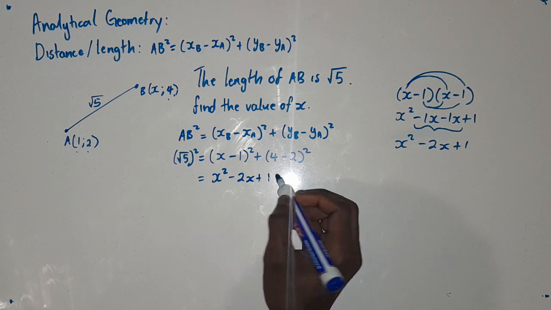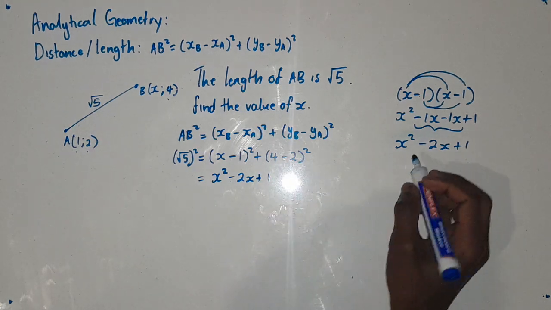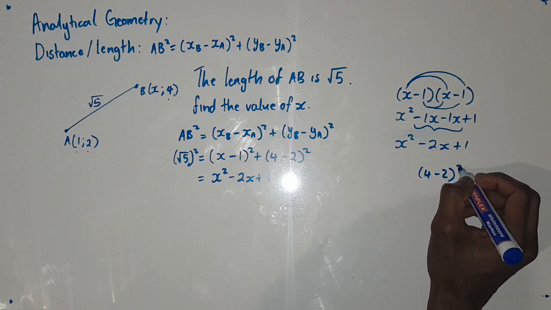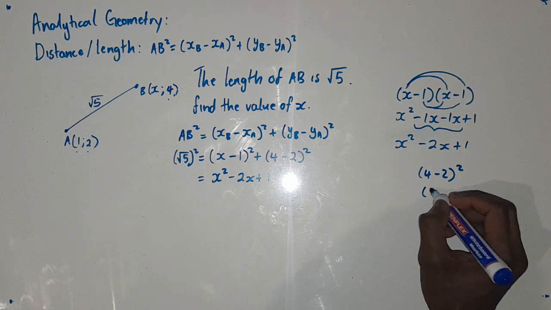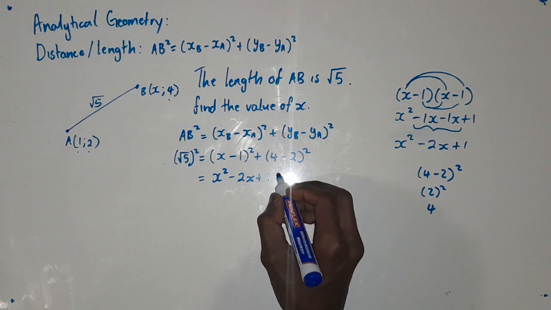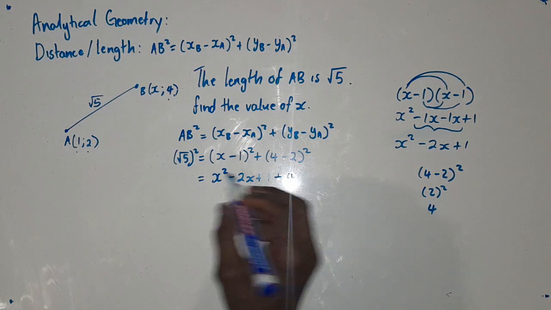Then plus, this side is going to be 4 minus 2 squared. 4 minus 2 we get 2 squared, and 2 squared is 4, so we get plus 4.